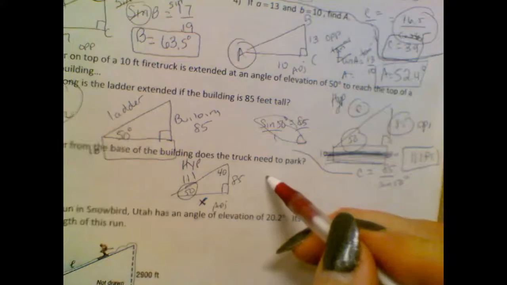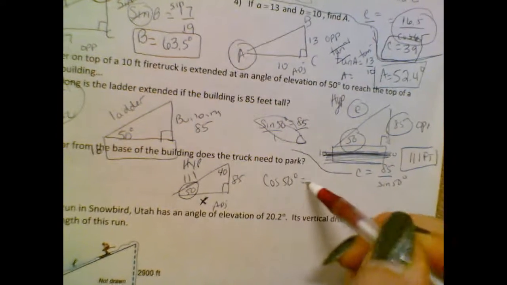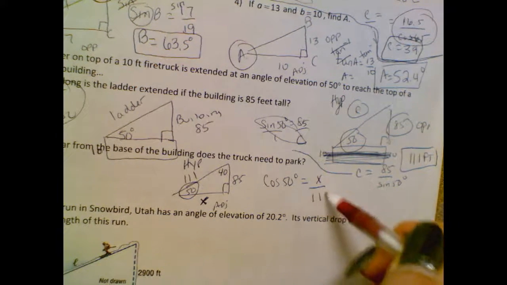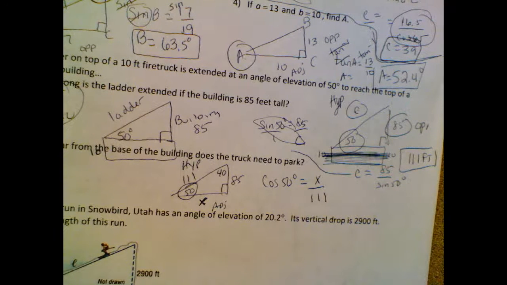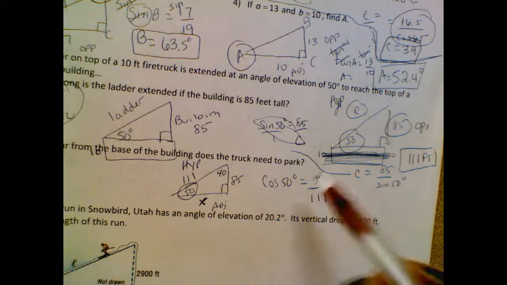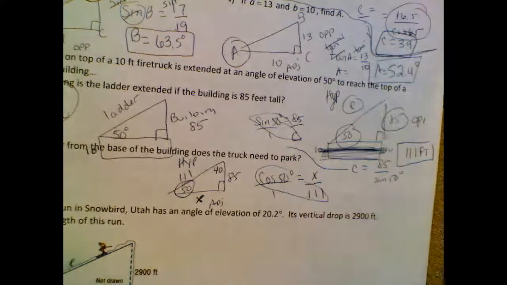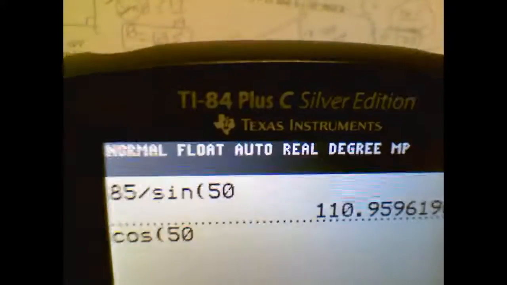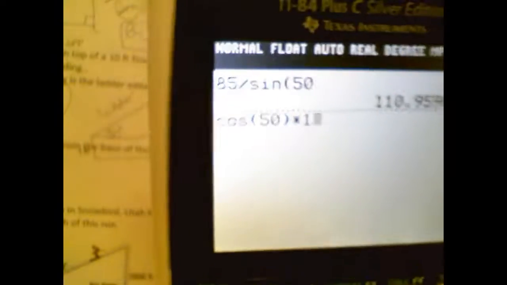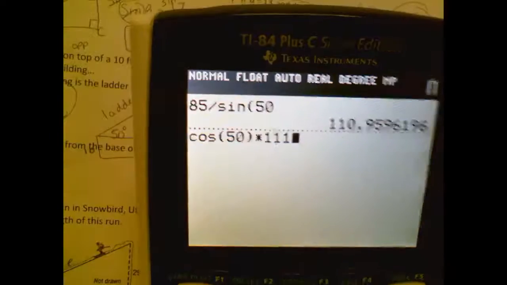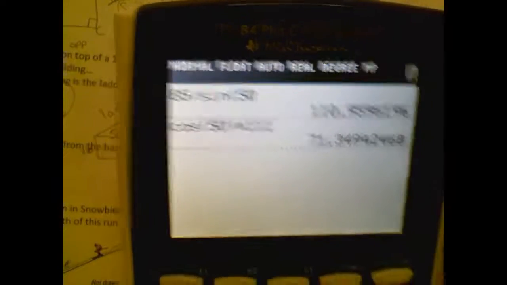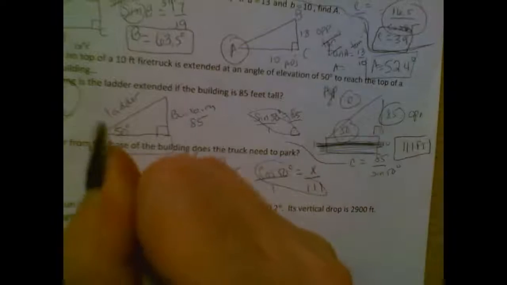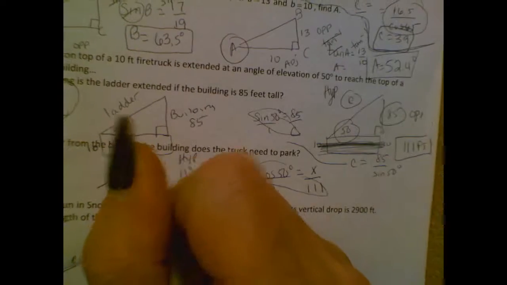So you would use cosine of 50 equals adjacent x over hypotenuse 111. 111 is the one we just found, but we can still use that in our calculations. And this one, you just have to cross multiply. Cosine 50 times 111. Oops, I forgot my 0. Cosine 50 times 111. So it looks like that. And the answer is 71 feet. 71.3 feet.